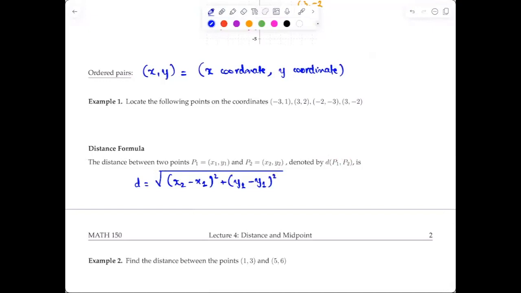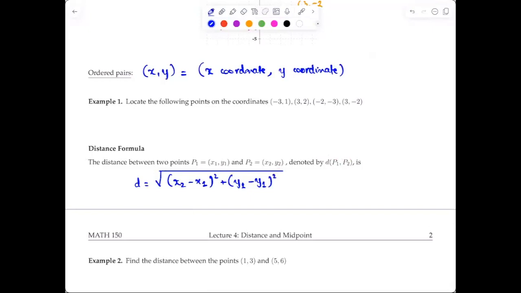This formula is basically the Pythagorean theorem. Remember the Pythagorean theorem? You have a squared plus b squared equal to c squared. Take the square root on both sides: c equals the square root of a squared plus b squared.